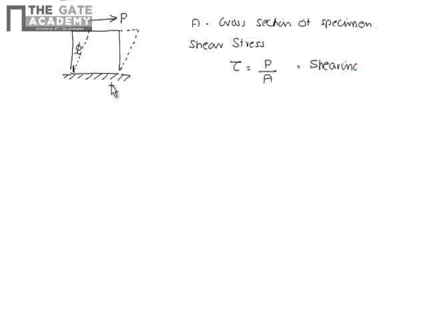And here, if A is the cross-sectional area of the specimen, we say the shear stress tau is equal to P by A, that is nothing but shearing force by cross-sectional area, and phi, which is the change in angle between two surfaces.